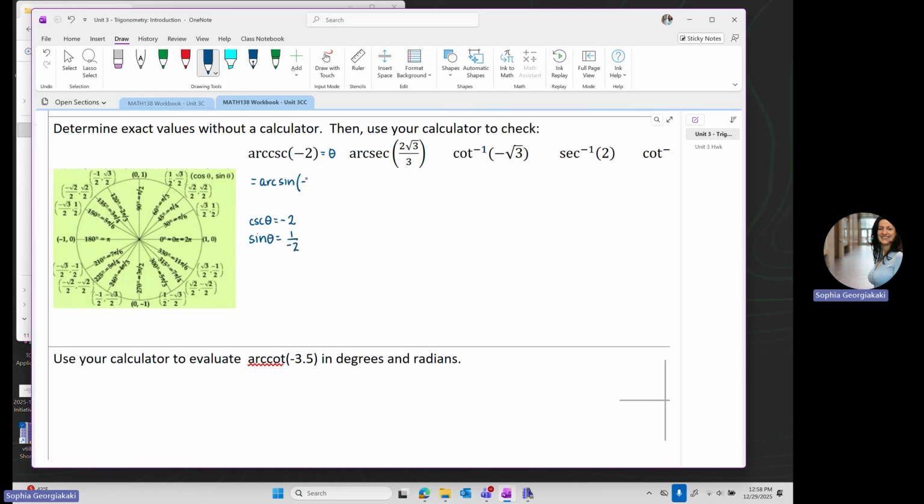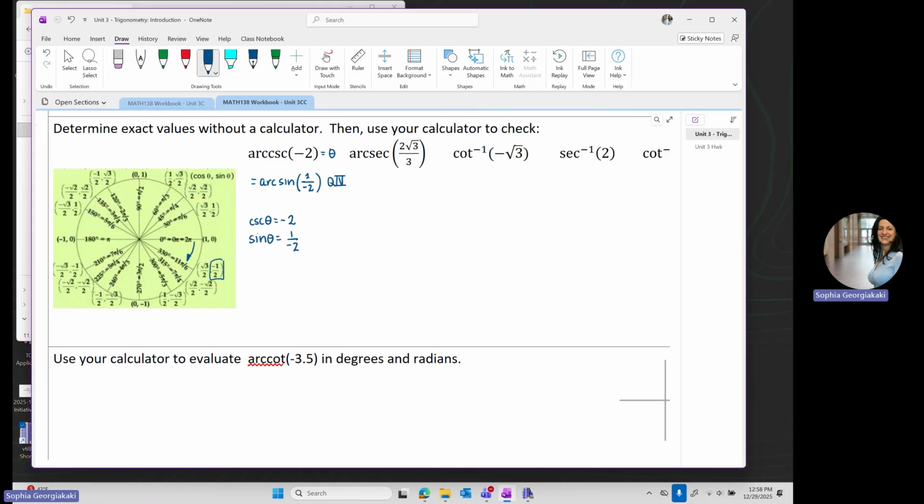So we are looking for an angle that is returned by the inverse sine function and has a sine of -1/2. That is going to be in quadrant 4. The sine is equal to -1/2 in quadrant 4 for the angle 330 degrees, but remember that the inverse sine function returns a negative angle, and that will be -30 degrees.